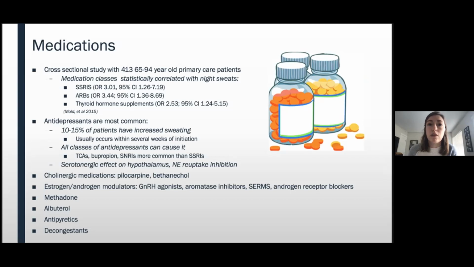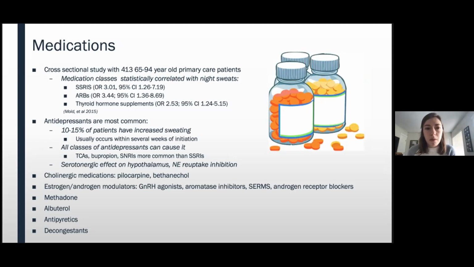As I mentioned, the acetylcholine is what acts on the eccrine sweat glands to produce sweat. Any estrogen or androgen modulating medications can cause night sweats. So patients who are on GnRH agonists, aromatase inhibitors, SERMs, androgen receptor blockers, all of those medications can cause it. Opioids, but specifically methadone, is known to cause increased sweating.